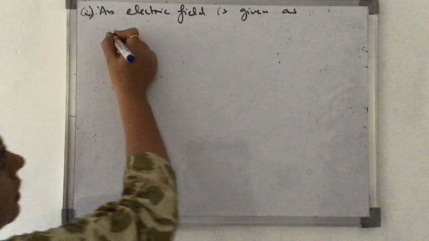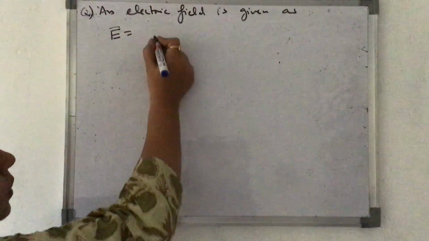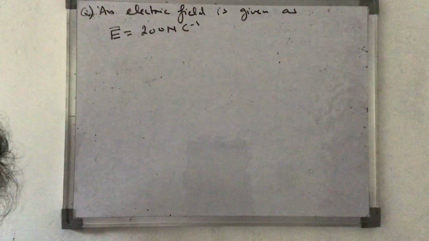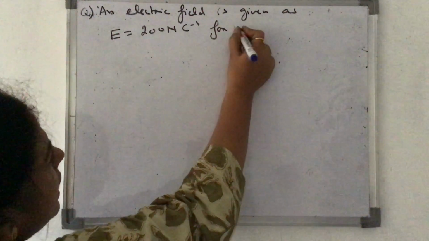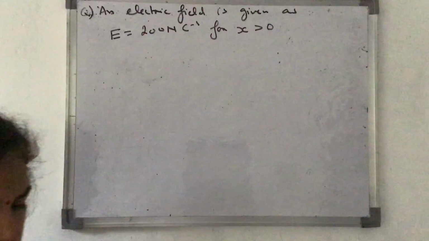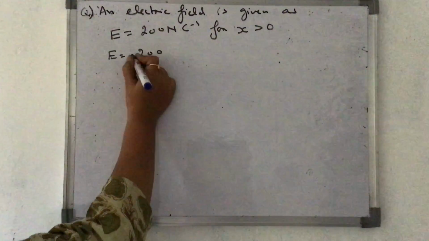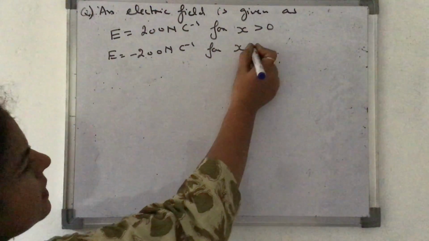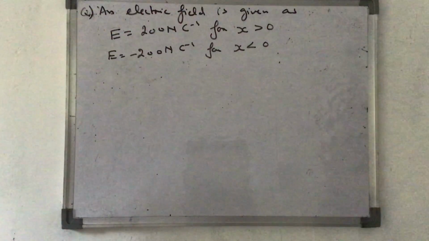E is equal to 200 i Newton per coulomb for x greater than 0, and E is equal to minus 200 i Newton per coulomb for x less than 0.